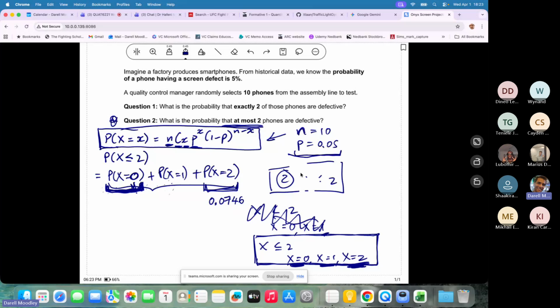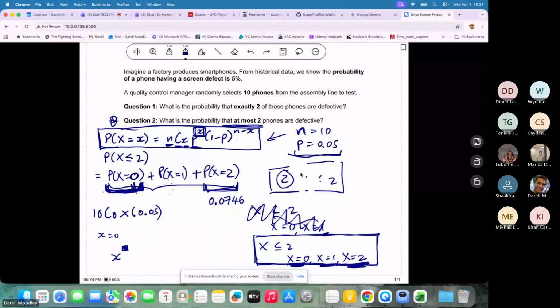So in your calculator, you're going to probably see something like 10 C 0 times, then you're going to put your p value. You can put it in brackets if you want. It's up to you. I just make it a habit to do that. And then I'm going to raise it to the power X. You look at the equation, you're going to raise it to the power X. And remember, our X in this case is 0 because we work on only this probability. So the exponent button for that, remember, it's your X with a block here.